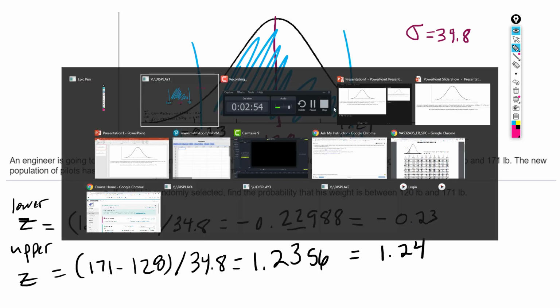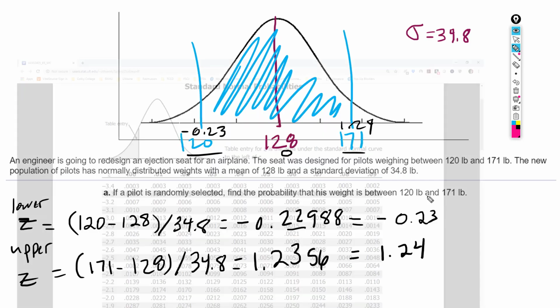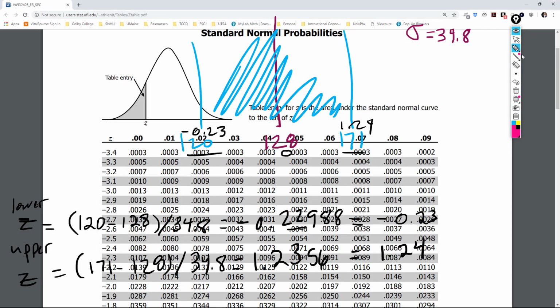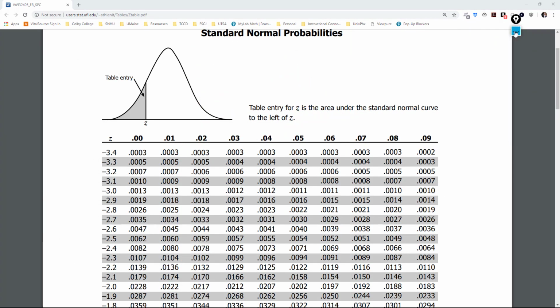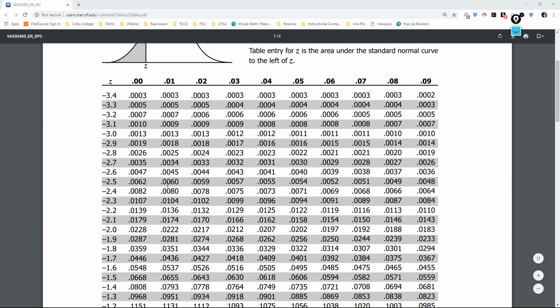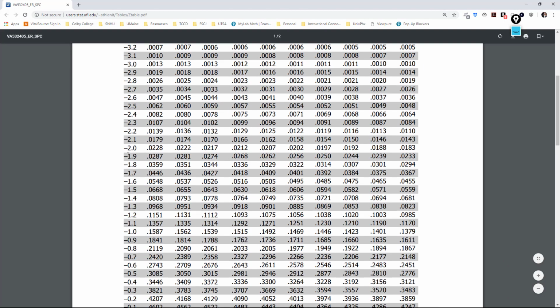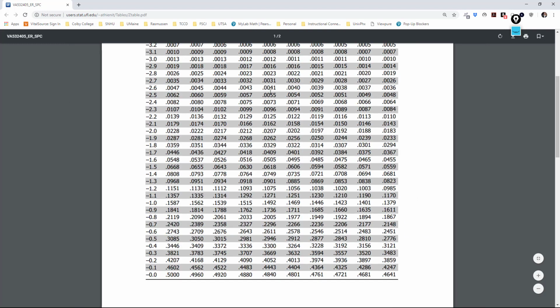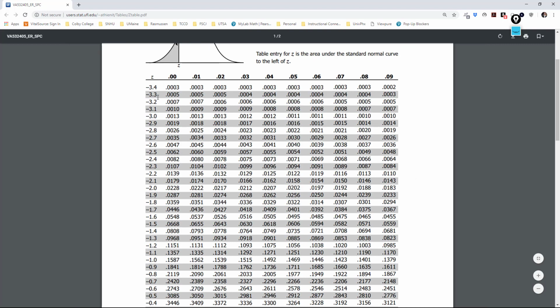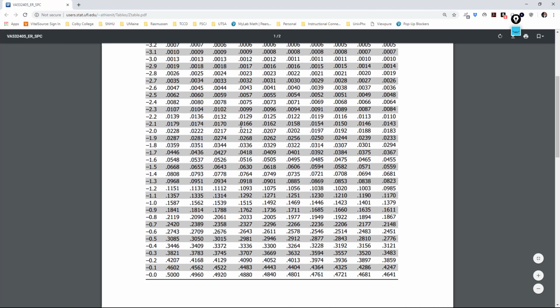So at negative 0.23 on my table, I'm looking down the negative side, the z for negative 0.2, and then I want to look across from the 0.03.